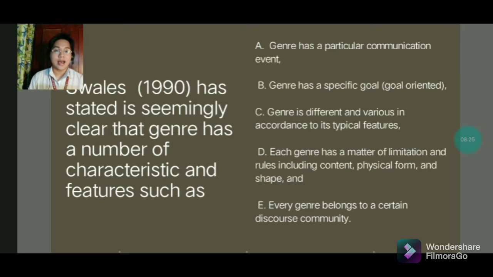Swales 1990 has stated it is seemingly clear that genre has a number of characteristics and features, such as: genre has a particular communication event, genre has a specific goal or is goal-oriented, genre is different and various in accordance to its typical features, each genre has limitations and rules including content, physical form, and shape, and every genre belongs to a certain discourse community.